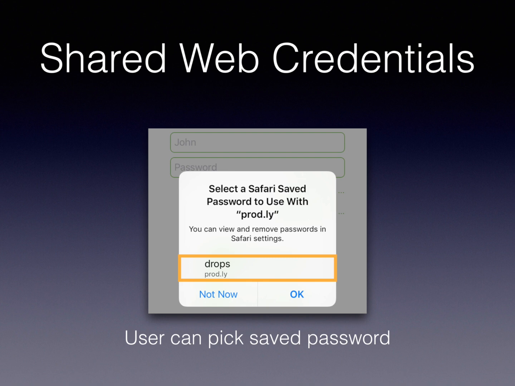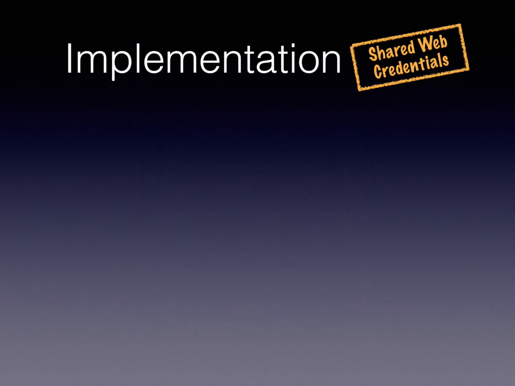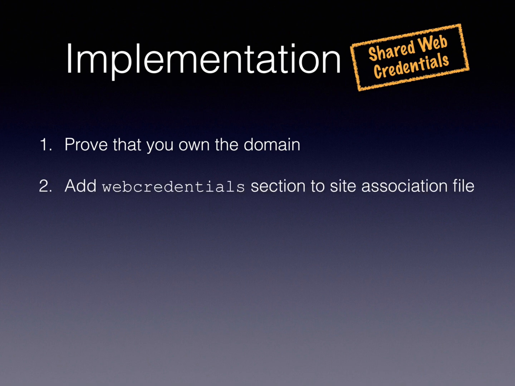In terms of implementation, there are a few more steps involved. First, you need to more or less prove that you own the domain, so that apps can't get to the credentials of other websites. And you do that by creating a so-called site association file. It needs to have a web credential section.